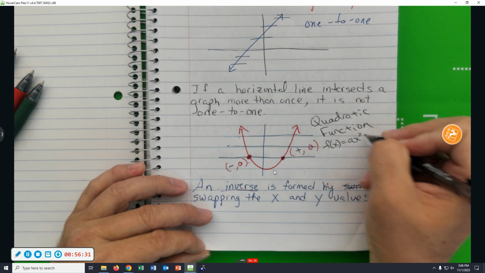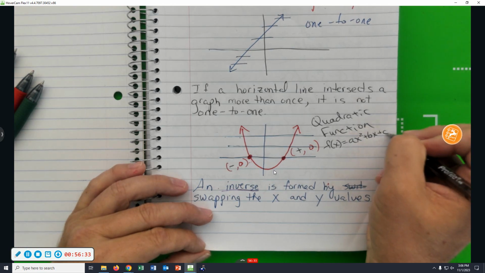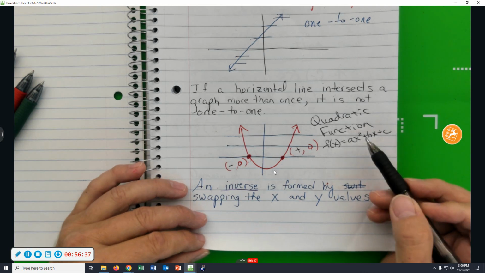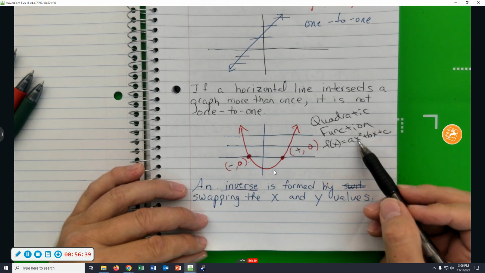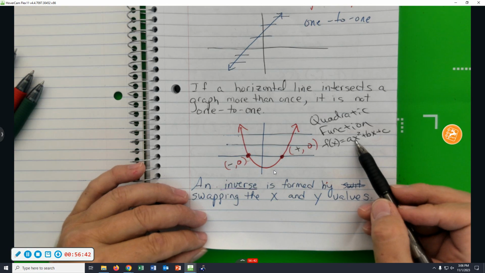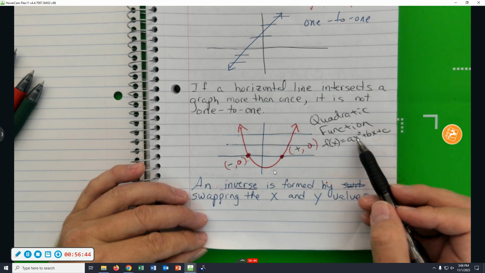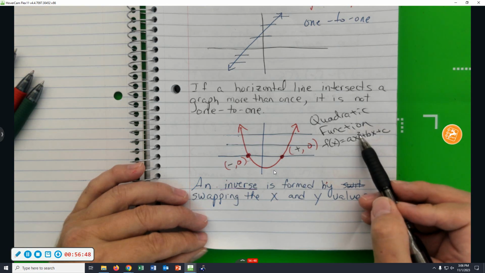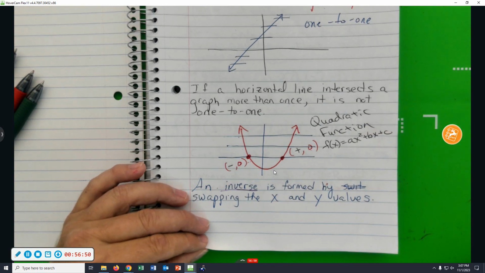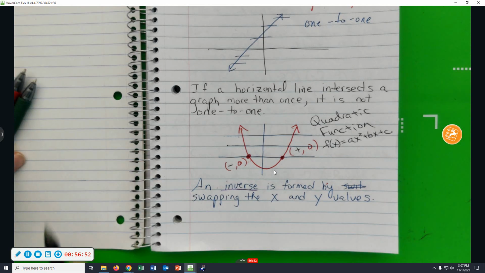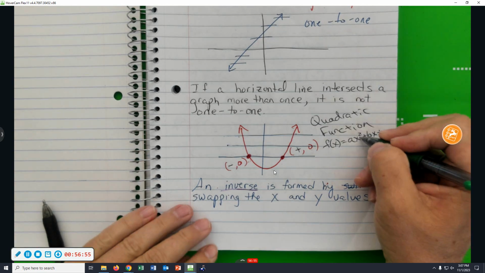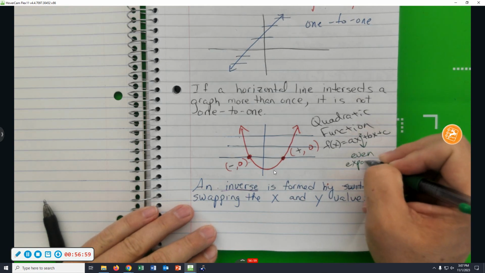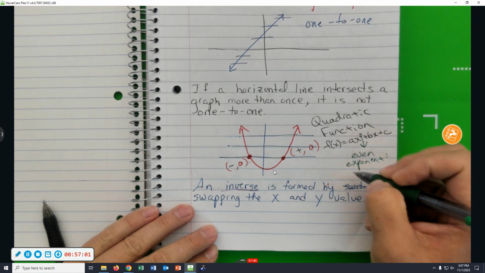It's those even exponents that cause problems. If you have an even exponent, whether it's an x squared or an x to the fourth, it doesn't matter if you plug in a positive 5 or a negative 5. When you raise it to that even exponent, that's going to give you the same number as it would if you started with a negative x value. It's those even exponents that cause problems. Even exponent, not one-to-one.